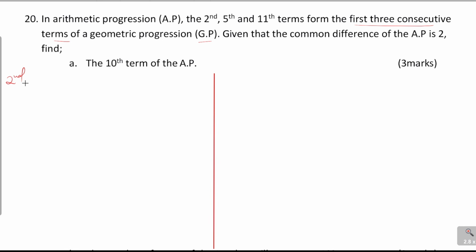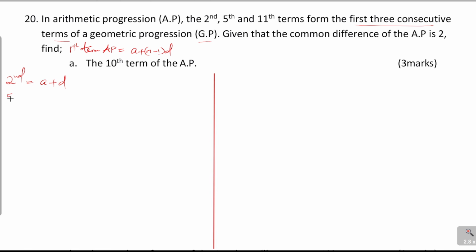The nth term of any arithmetic progression is given by a plus n minus 1 d, where a is the first term, n is the position of the term, and d is the common difference. So the second term is written as a plus, n will be 2, so 2 subtract 1, that will be d.